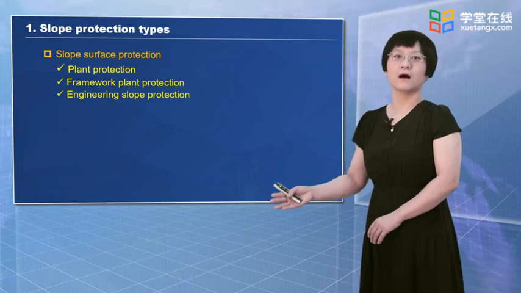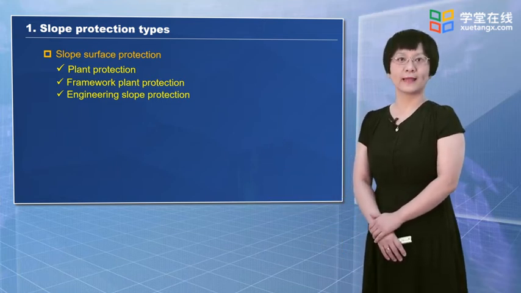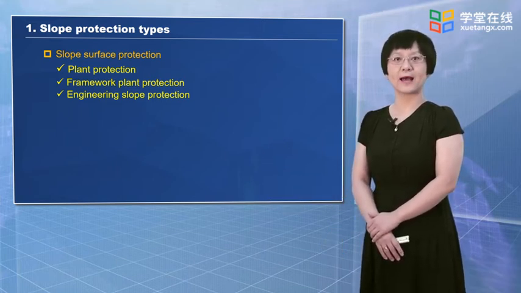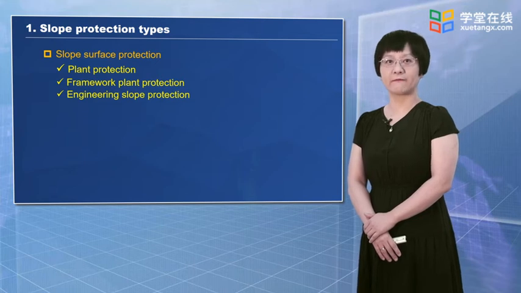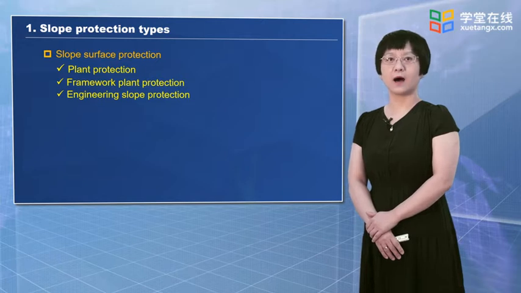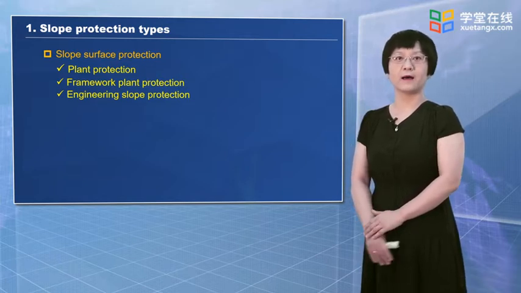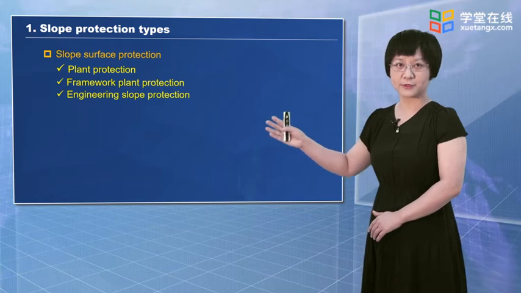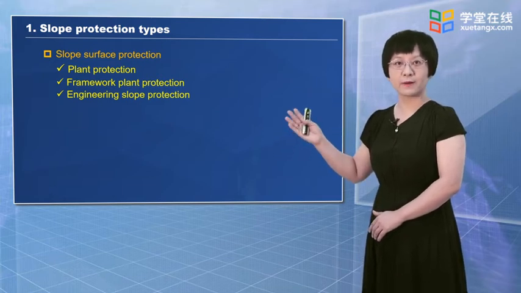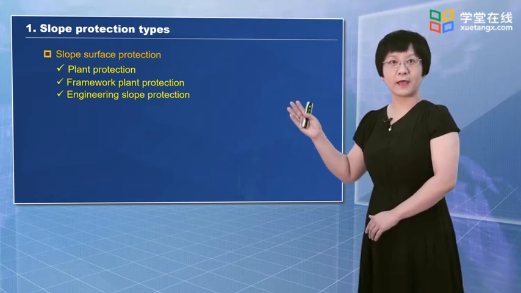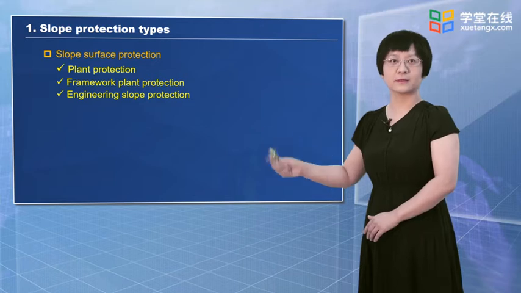The purpose of the slope surface protection design is to minimize the effects of environment-related factors, such as weathering, rainfall, and so on. There are three types of method, named the plant protection method, the framework plant protection, and engineering protection.